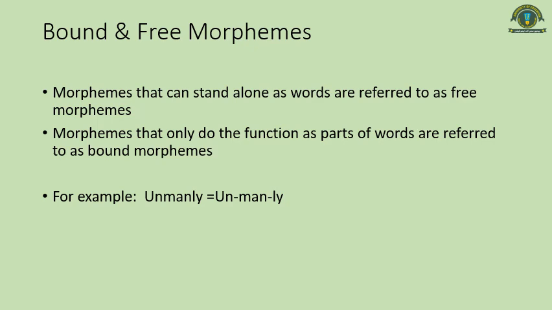Why? Because it can't stand alone. We can never say ly and people will not understand what you are talking about. You have to put it at the end of another word in order to stand. For example, quickly, slowly, you usually add it to adjectives. But if you say only ly, it doesn't work.